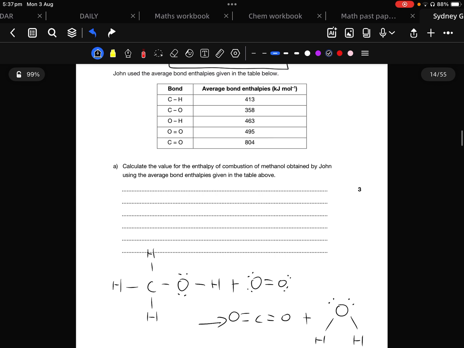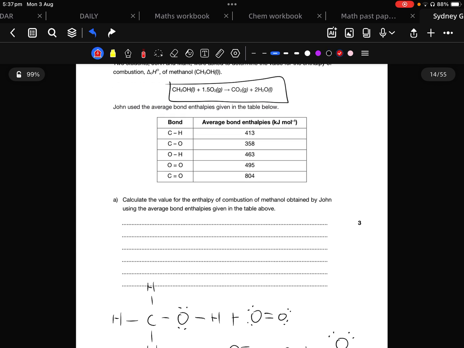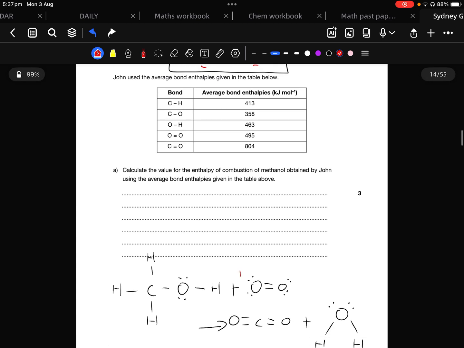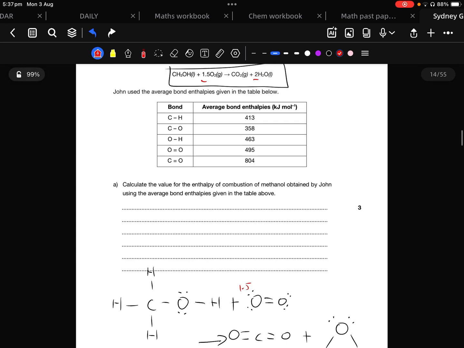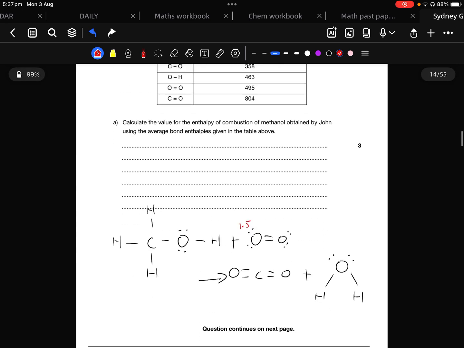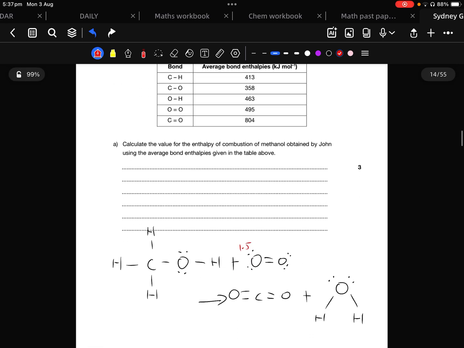And also, it's important that we keep in mind these coefficients here because we need them for our calculations. So that's 1.5 of oxygen gas, and there's 2 H2Os.